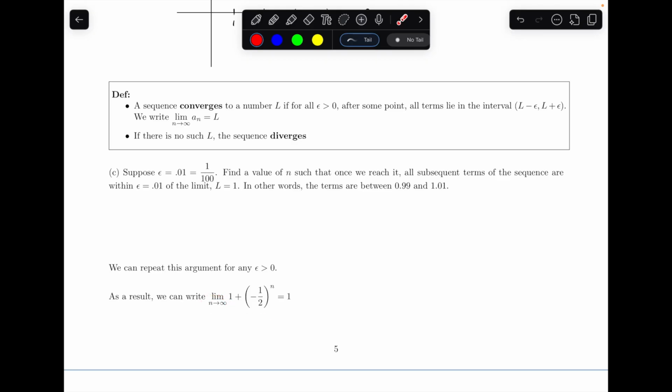Conceptually, that seems to happen because the bigger n gets, I end up getting 1 over a really big denominator. It might be positive, it might be negative, depending on whether n is even or odd. But overall, that makes this whole part get really close to 0. And then 1 plus something very close to 0 makes the whole thing very close to 1. So conceptually, that's why I expect the whole thing to be very close to 1.